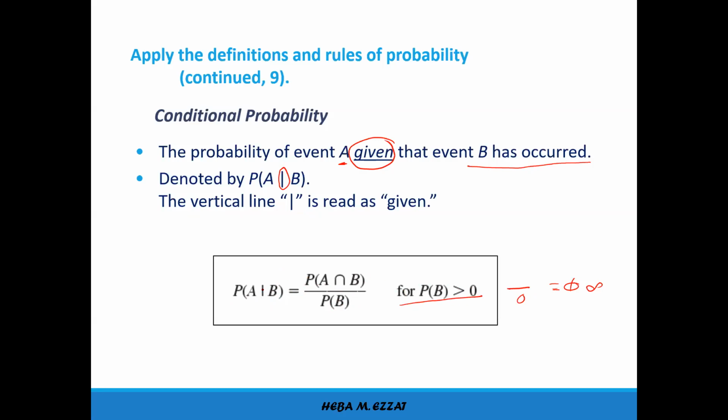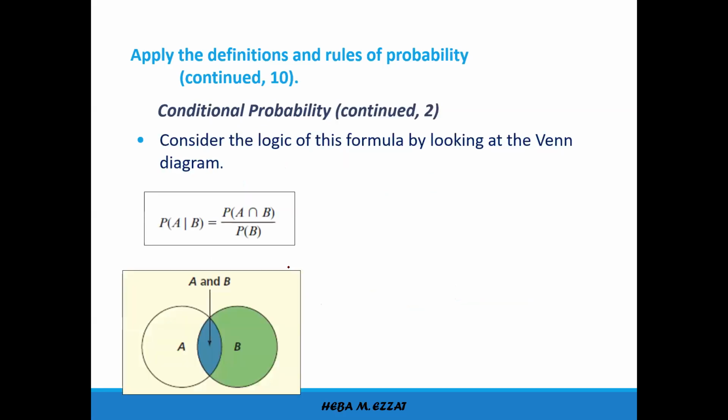Okay, so here the conditional probability, in order to be calculated, we have a condition that P(B) is greater than 0. Okay, and of course it's limited by 1 as is the case for any probability. So again, the rule that you must know is that the probability of A given B equals the probability of the intersection of the two events divided by the probability of the second event.